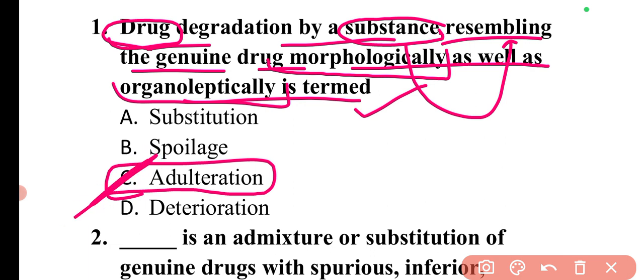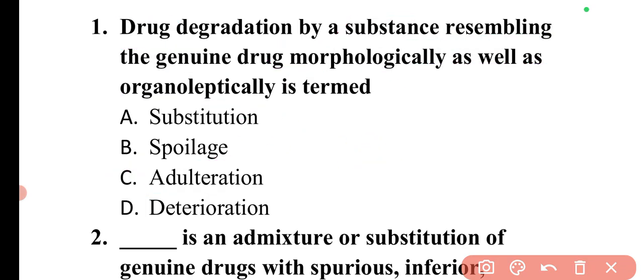So here option C is correct. The term substitution is not used for resemblance. It is also used for replacement of a substance, but the whole substance is a different one. That is the substitution thing.